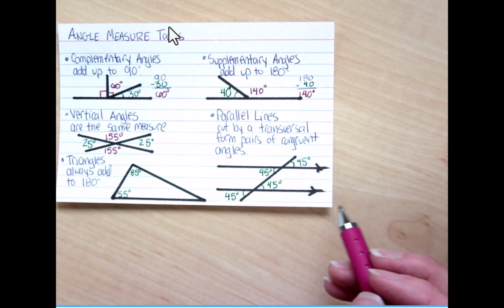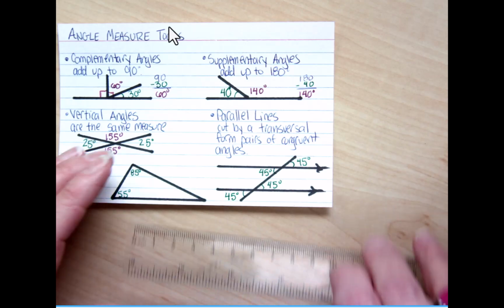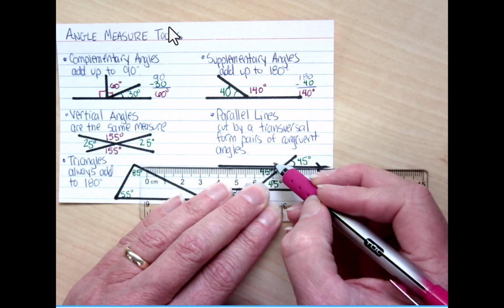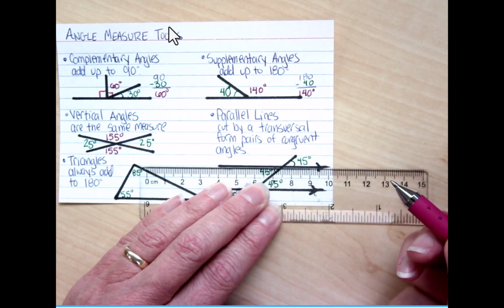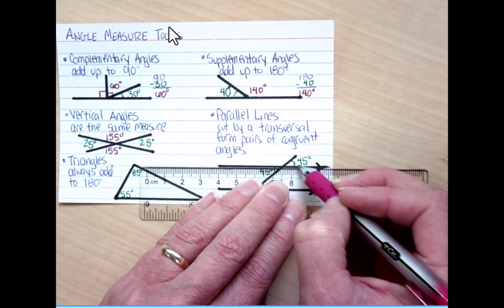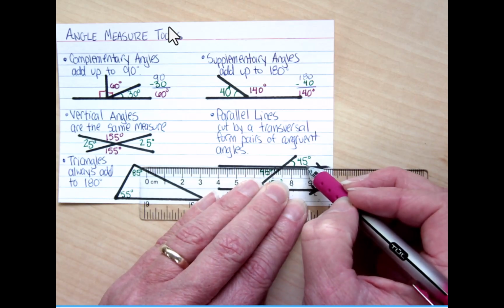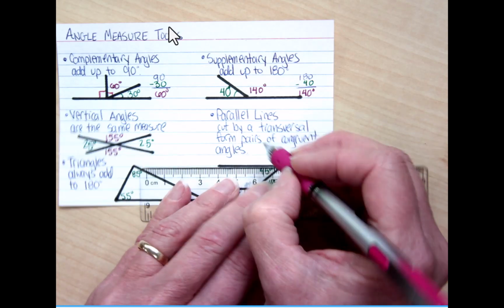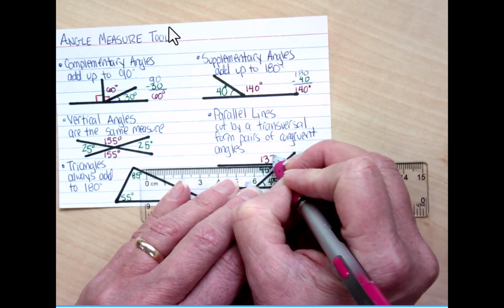Once again, I'm going to go ahead and continue with this by determining what this angle is. I have a straight angle here. This is 145 degrees. So if I take 180 and subtract this, I'm left with 135.